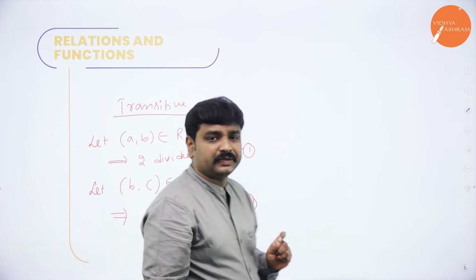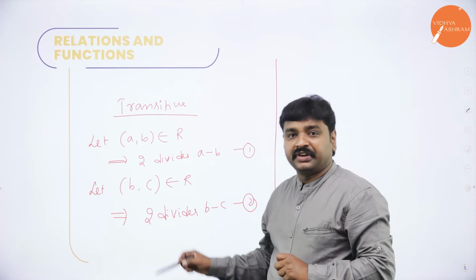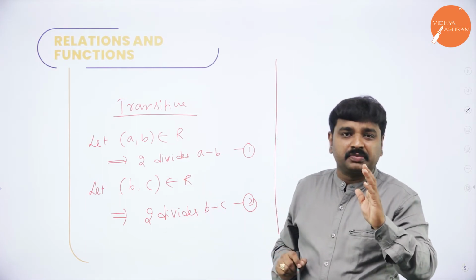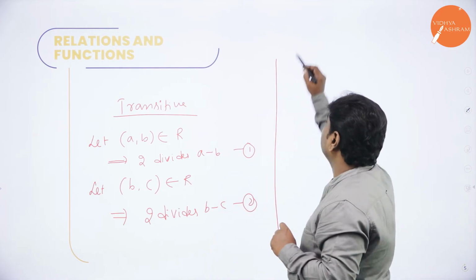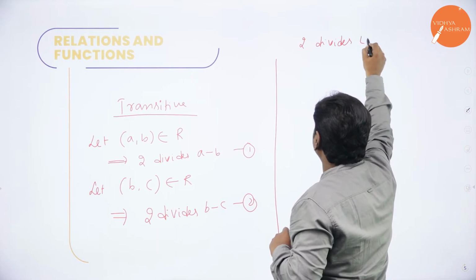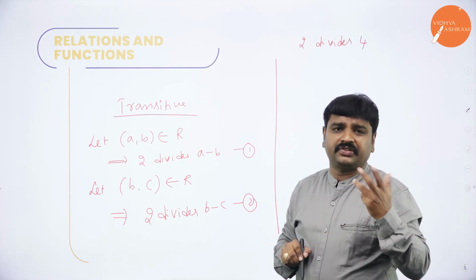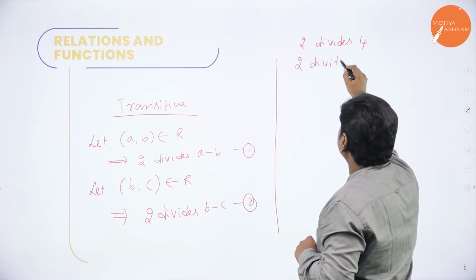Now, I have written two statements. Before I go to this, now my question to you. 2 divides 4. Do you agree? Is it true or not? Yes. And 2 divides 6.